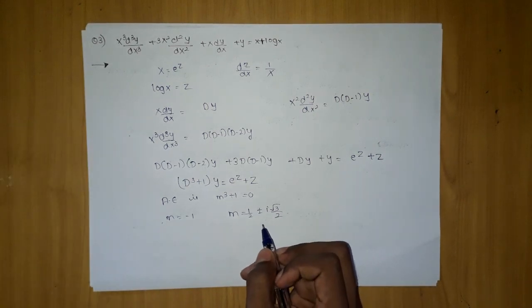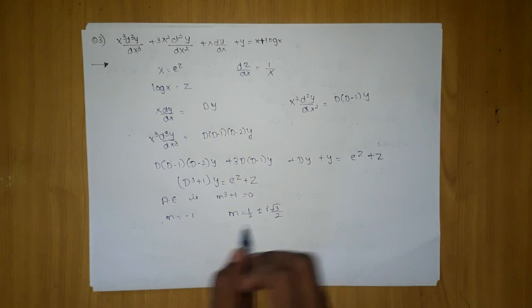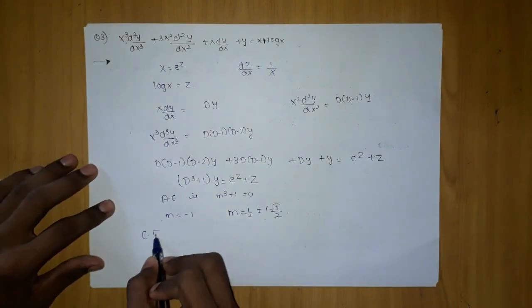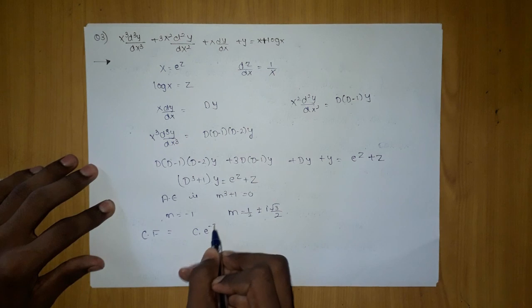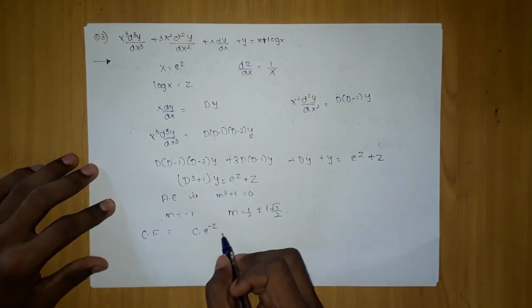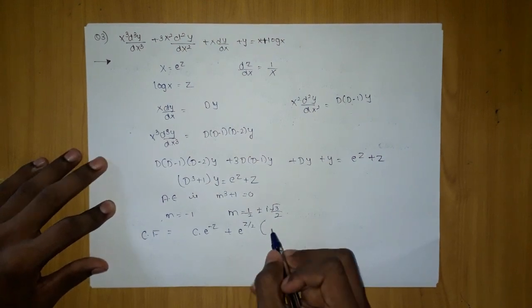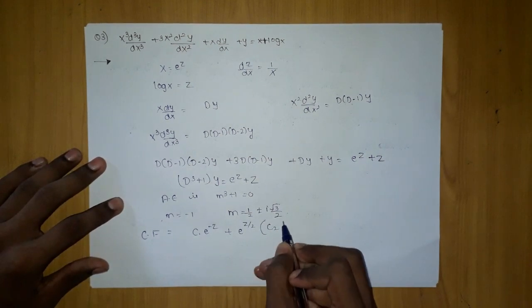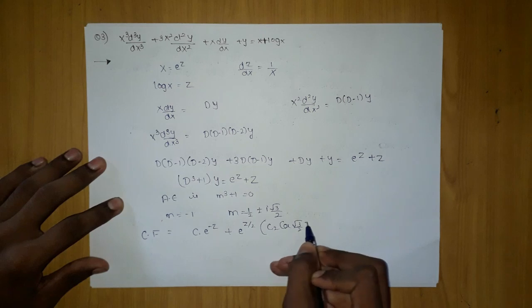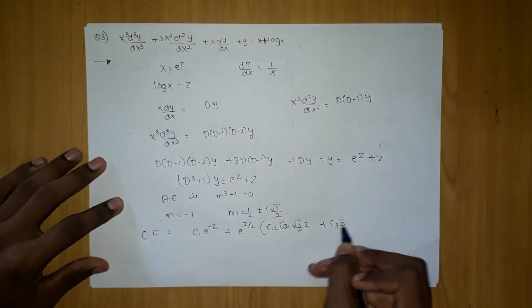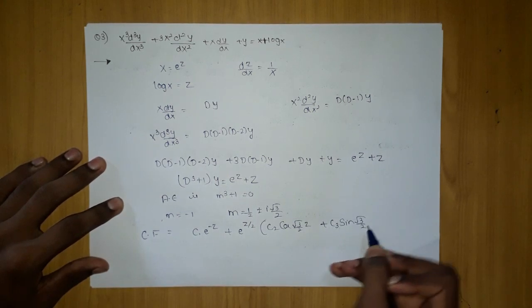Getting the complementary function, CF is c1 e to the power minus z, and further on you will have e to the power z by 2 into c2 cos root 3 by 2 z plus c3 sin root 3 by 2 z.